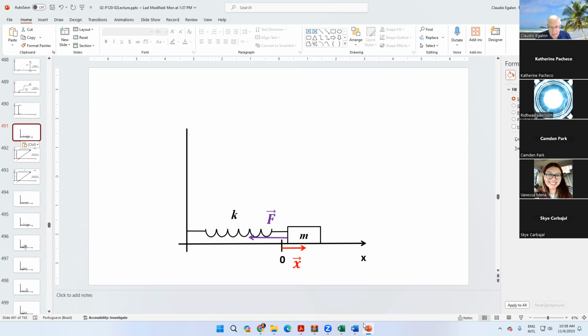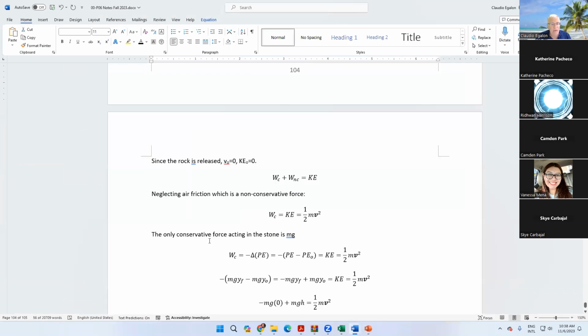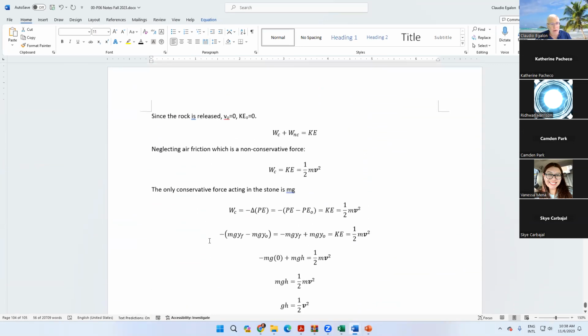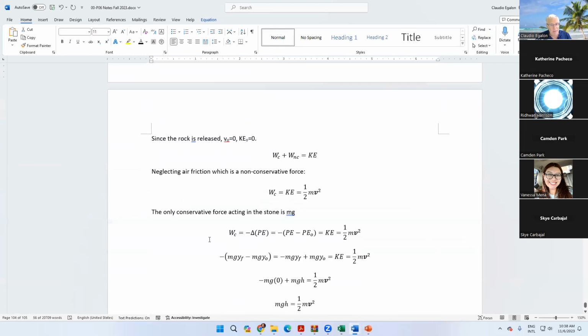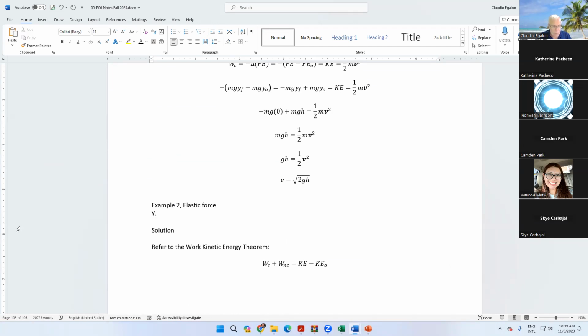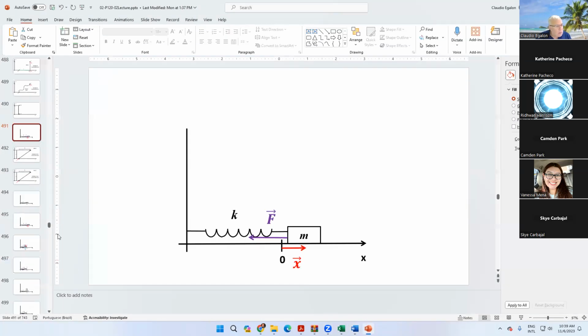An example using elastic force. Example 2, elastic force. Let's see, I want to do another one.